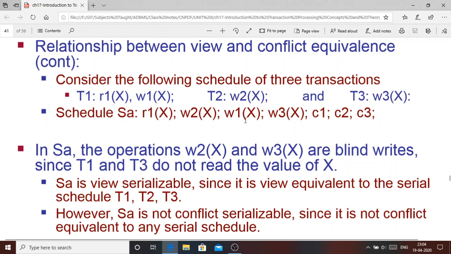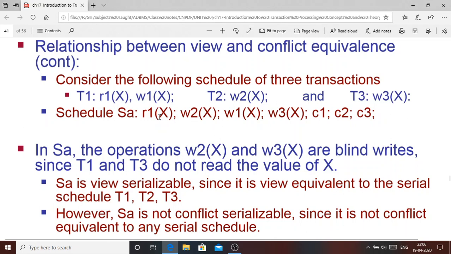And if you find the view equivalence of schedule A with the serial schedule, then it is view equivalent. So it is view serializable. You can find out from this that the write operations should be matching. R1X reads the item, and then W1X writes the item after reading, and then W2X.